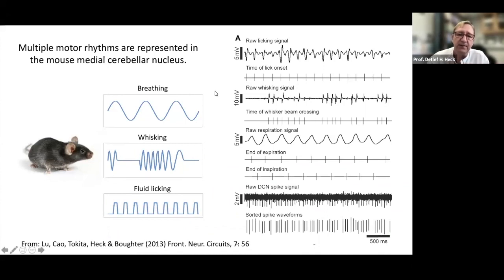This is from a publication from my own lab from 2013, where we recorded in the medial cerebellar nucleus. We found that medial cerebellar nuclear neurons project massively to the brainstem, and they project to areas that have the respiratory pattern generators and the whisking pattern generators. So we were wondering what the function of that might be.